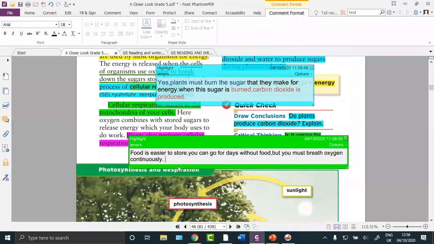Food is easier to store. You can go for days without food, but you must breathe oxygen continuously. Thank you. Now we are going to the next page.